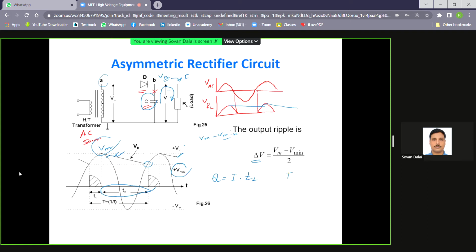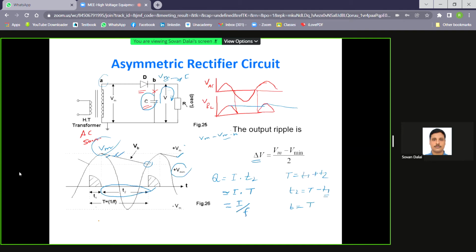The total time period is T, that is T equals T1 plus T2, and T2 equals T minus T1. T1 is very small, so we can write T2 approximately equals T. So Q we can represent in terms of load current and time period, that is approximately I into T, or you can represent that as I by f also.